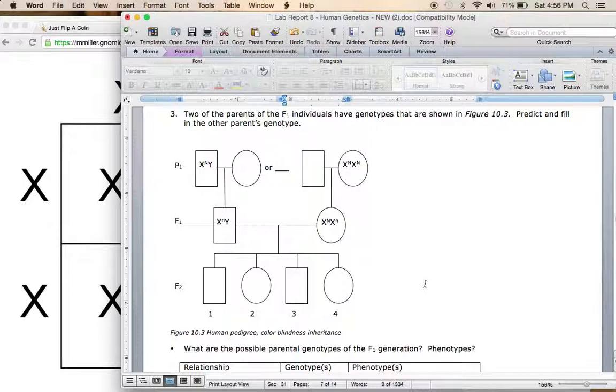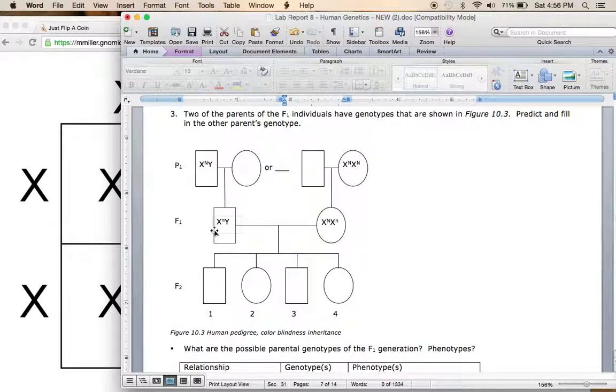Looking at this pedigree, the first question is, what are the possible parental genotypes of the F1 generation? Well, the parental genotypes of the F1 generation would be the P1 generation. So this line up here, these are the parents of the F1 generation. Let's look at the male of the F1 generation first.